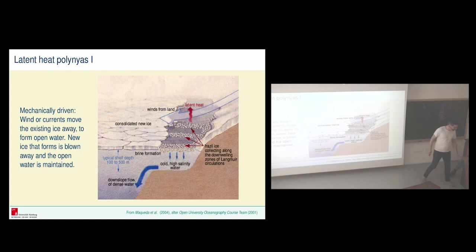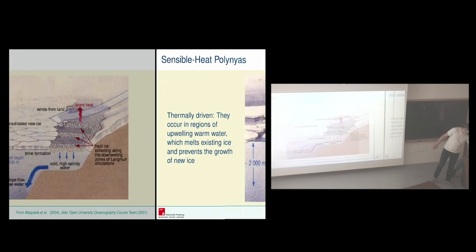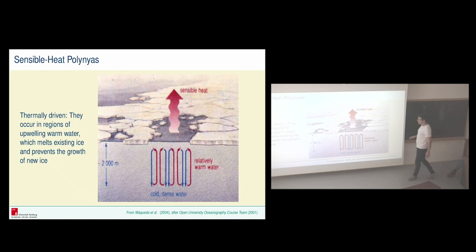And then the other big type of Polynias, if that's kind of okay, are sensible heat Polynias or open ocean Polynias. And these are Polynias that form somewhere out in the blue. Most famous example on the globe is the Weddell Sea Polynia. And they basically occur because there's warm water coming up from below.